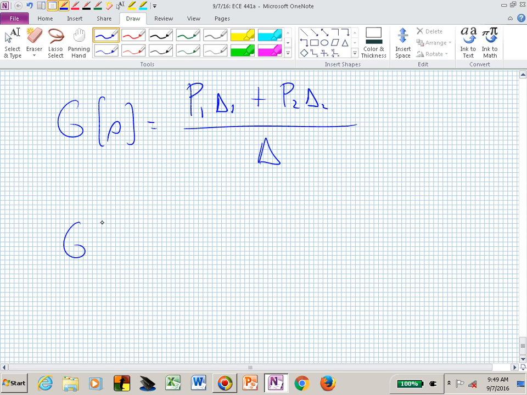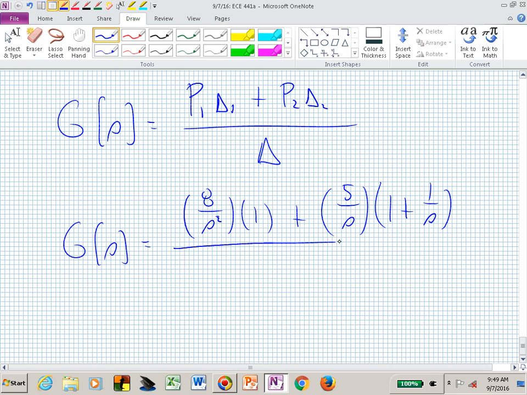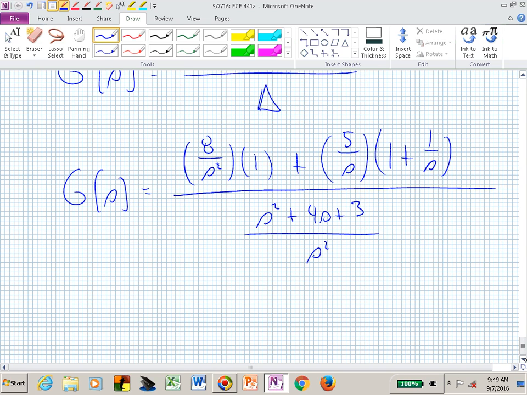So in our case, path 1 was 8 over s squared times its cofactor of 1, plus path 2, which was 5 over s, times its cofactor, 1 plus 1 over s, all divided by the determinant, which is s squared plus 4s plus 3 over s squared. Now do you see the ratio of ratios?